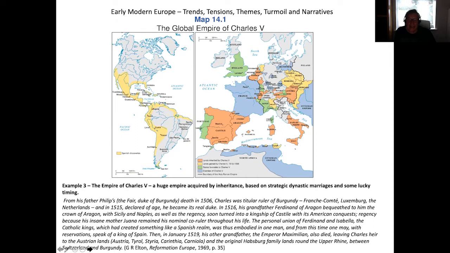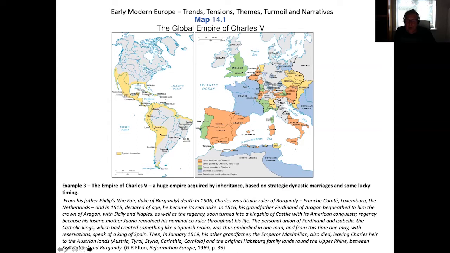She undoubtedly did have mental problems, but some of it was engineered. The personal union of Ferdinand and Isabella, Catholic kings, which had created something like a Spanish realm, was thus embodied in one man. So basically he's now got the whole of Spain and a lot of the Burgundian kingdoms, including the bulk of the Netherlands.